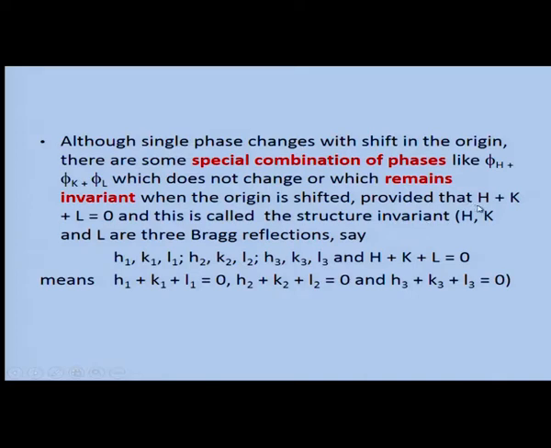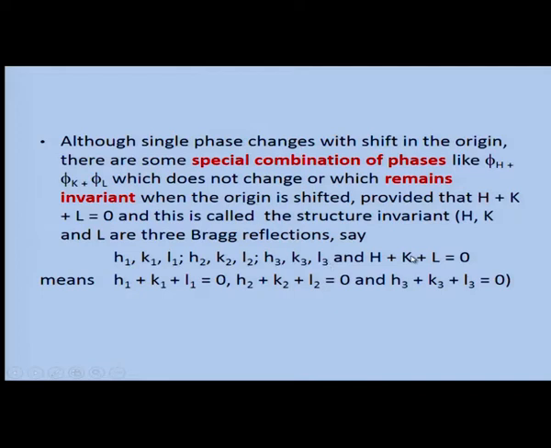So, you should not get confused when I say h plus k plus l. When I say h, it is a reciprocal lattice vector, maybe h1 k1 l1. When I say k, it is another reciprocal lattice vector h2 k2 l2. When I say l, another Bragg reflection h3 k3 l3.